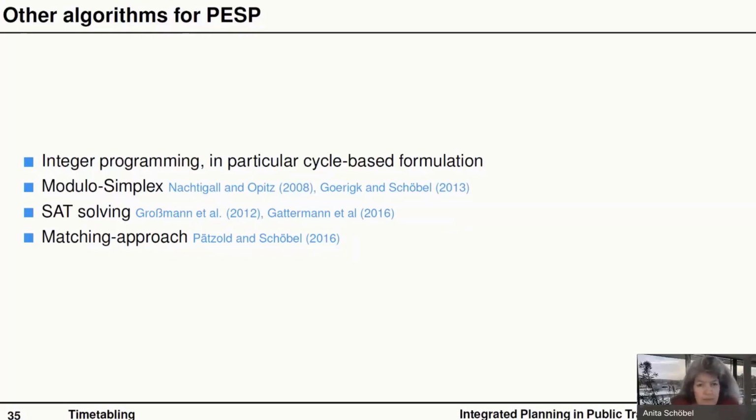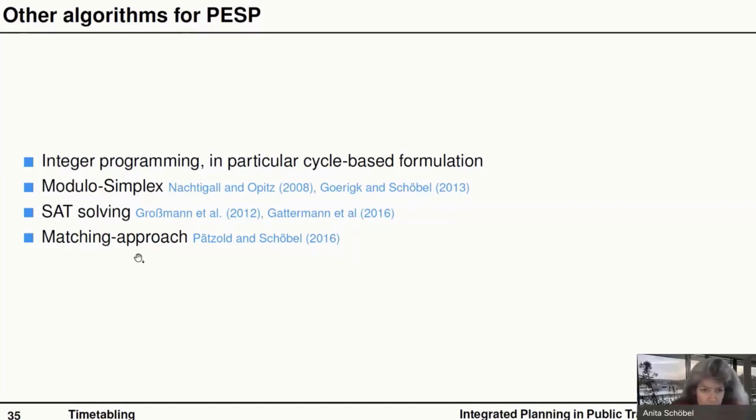And this is by not taking the integer programming formulation I have shown you, but by taking a cycle-based formulation, because as we have seen, cycles are the crucial point of periodic event scheduling. So a formulation which is directly based on the cycles can be shown to be more efficient than other formulations.